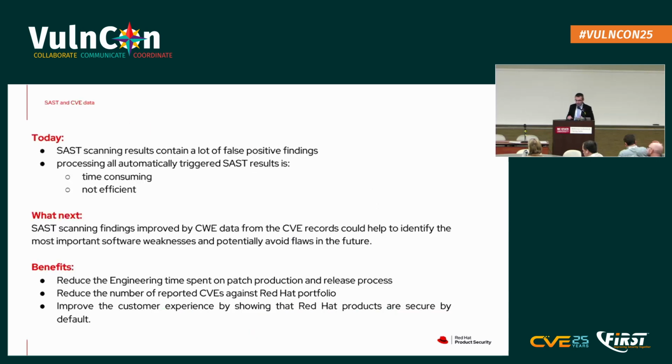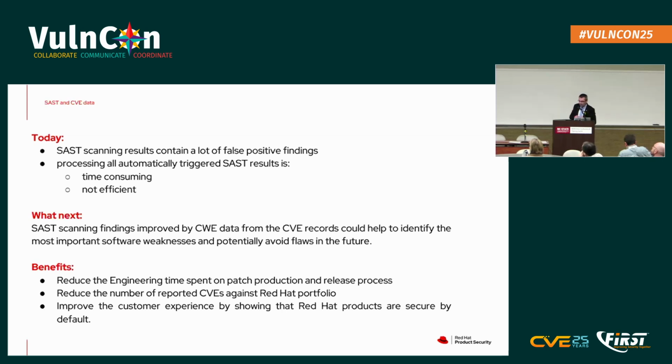Another example is related to security activities, like I mentioned earlier, but in this case, SAST scanning. I hope that everyone is aware that SAST scanning results contain a lot of false positives. Trying to process all those scan results is very time consuming and not efficient.